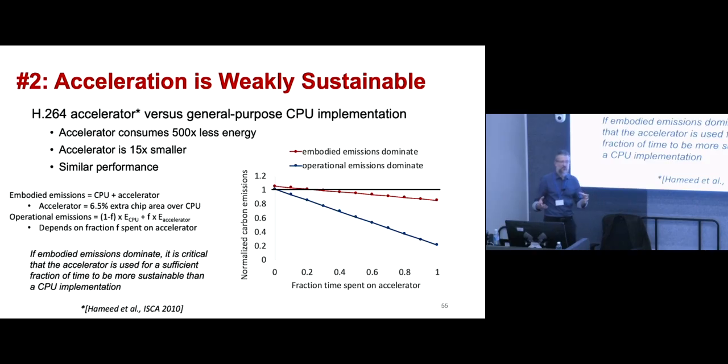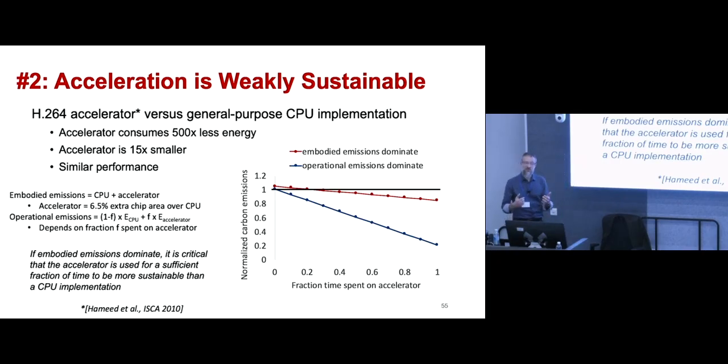If you look at an SoC, you would see half the chip, two-thirds of the chip devoted to accelerators. And the accelerators are only used when really needed. So we incur the embodied footprint, which would dramatically increase. The operational footprint would obviously be much less.